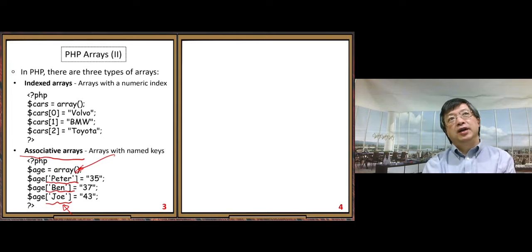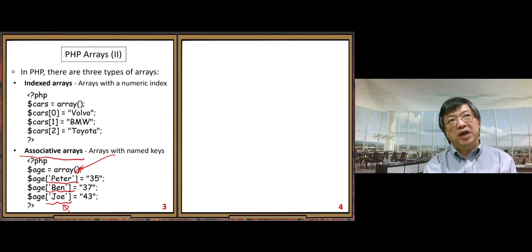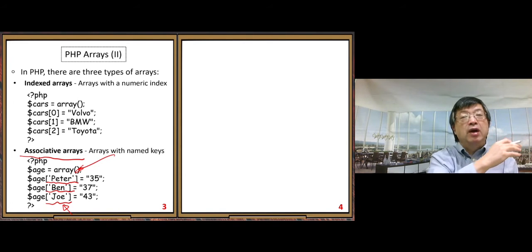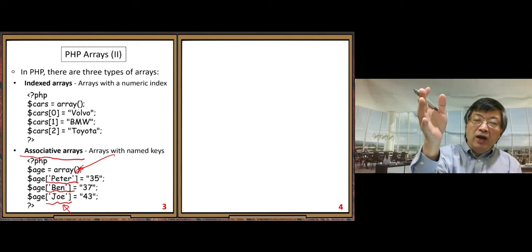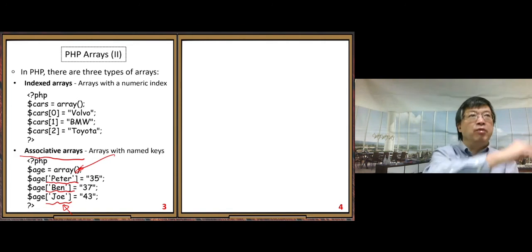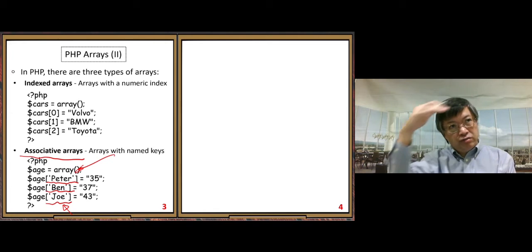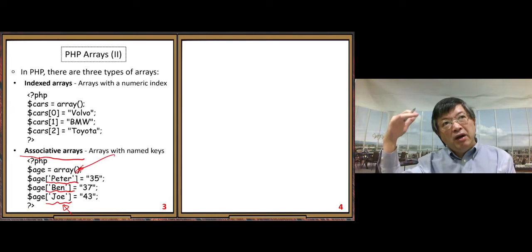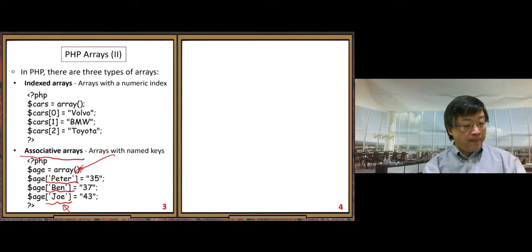Try to get used to this concept, because if you get used to it, you can organize your data ready for search operations. Based on the keys, you can search in your data collection. So that feature is useful.